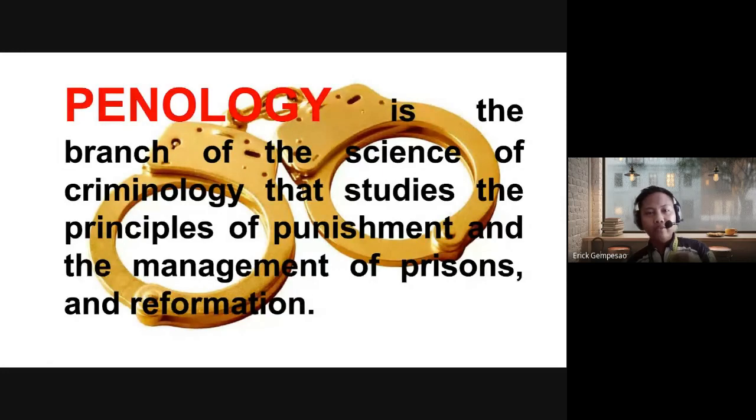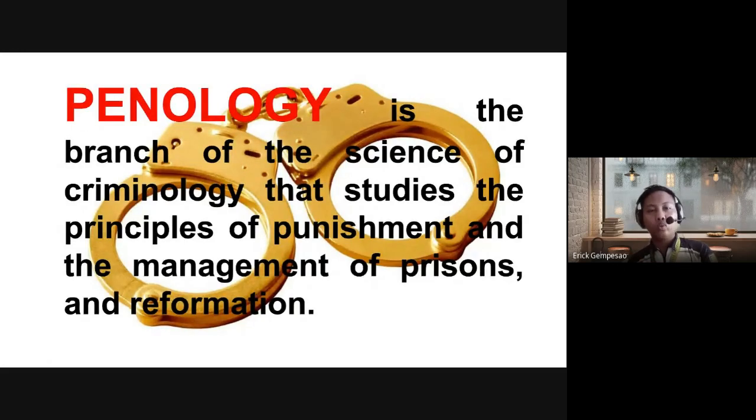Again, penology is the branch of criminology that studies the principles of punishment and the management of prisons and reformation. So it is not only concerned with the kind of punishment that we will be giving to the offender, but also how we can manage prisons for reformation.